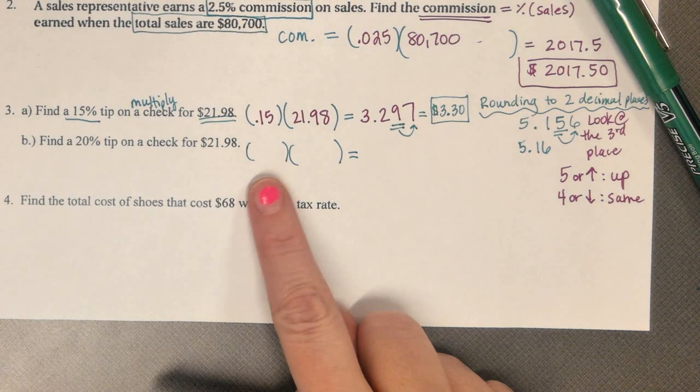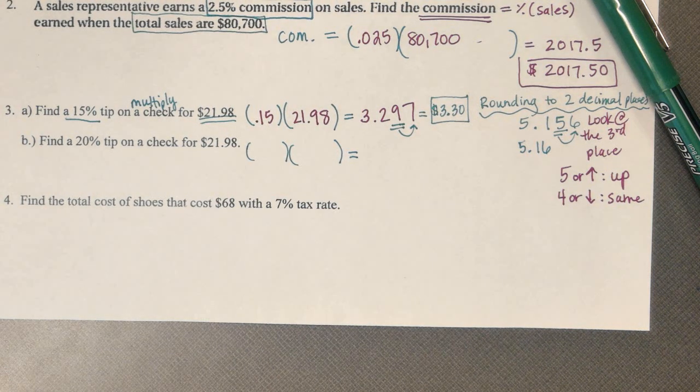Just number 3, A and B. Yep, just find the tip, and then I'll actually show you another way you can do it, if you're lazy like me and don't want to pull your phone out, even though I don't think you guys have that problem.